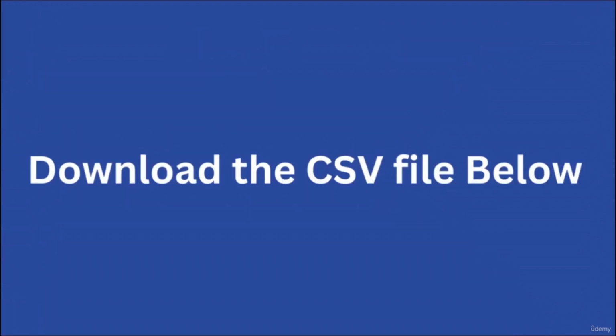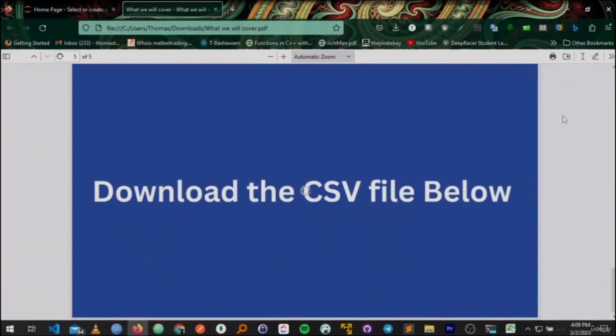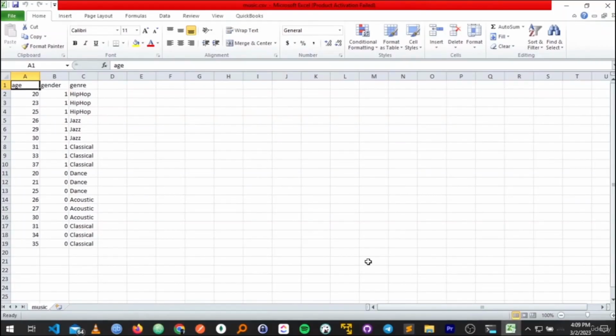We're going to improve it either by changing the model altogether or just changing a specific hyperparameter. In the CSV file below, I already have a small data set of manually made entries of age, gender, and genre of music. Here, user one is age 20, with a gender of 1. 1 is for male, 0 is for female.